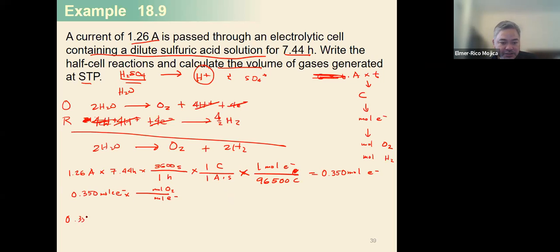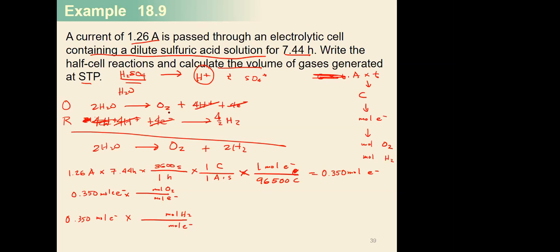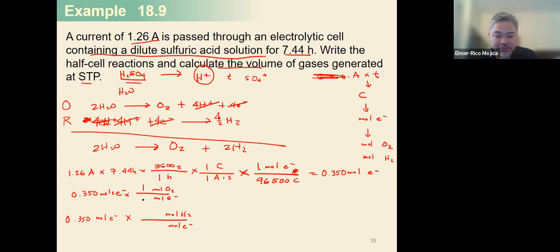And you're going to do that also to determine the moles of hydrogen to the moles of electron. How many electrons are involved for every mole of oxygen? 4. Okay, so I can say 1 mole for every 4 moles based on this. And here I could say 2 moles, because I have 2 moles there for every 4 moles.